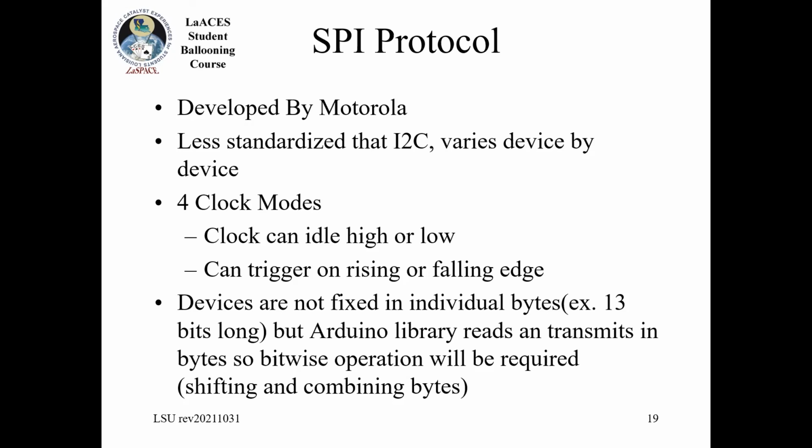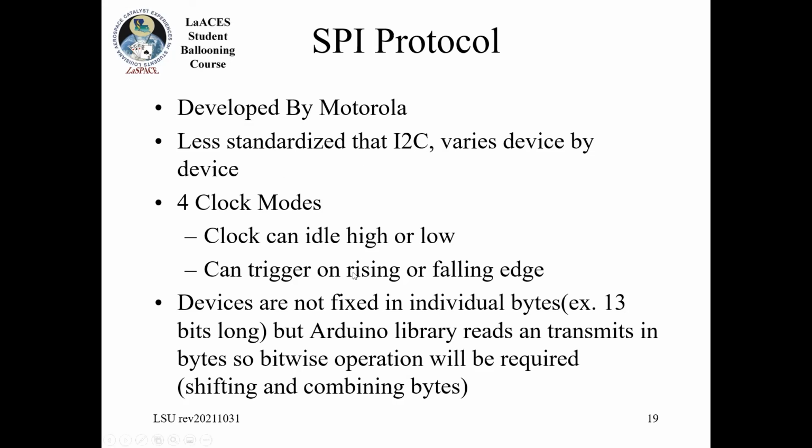In particular, you can set the clock up in 4 different ways. You can set the clock up where it's either idle in the high position, i.e. it's just sitting constantly at 5 volts when it's not ticking, or you can set it when it's idle in the low position. And then you can have the clock trigger on either the rising or the falling edge of the pulse.